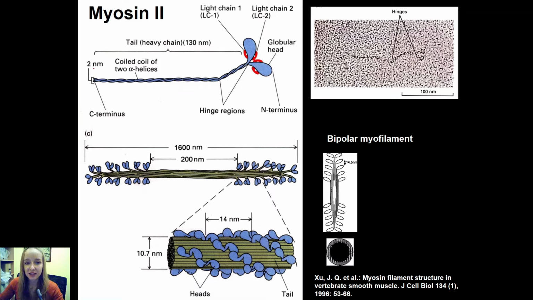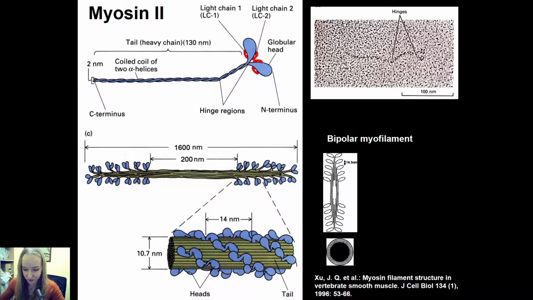Once again, you can see this myosin molecule right here, made of 2 heavy chains twisted together with globular heads, and in red we have the light chains which are attached to the heads. The myosin molecule is made of these 6 chains, attached to the globular head. It's organized in this structure right here.